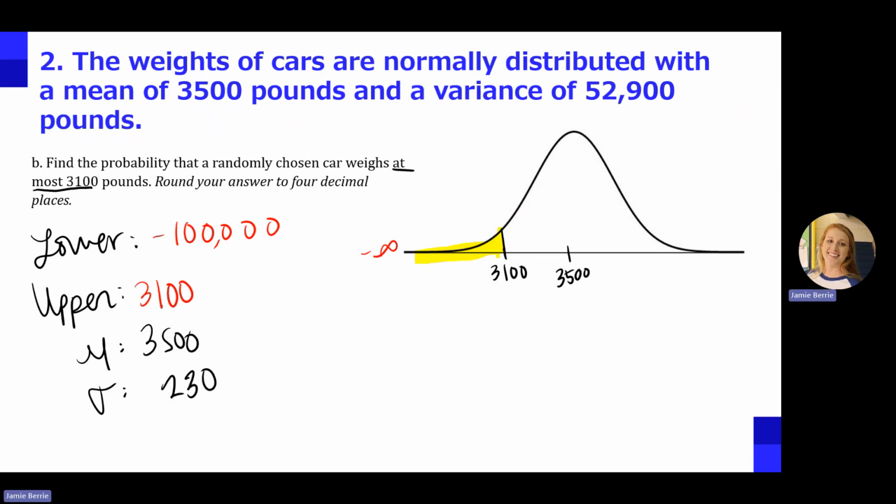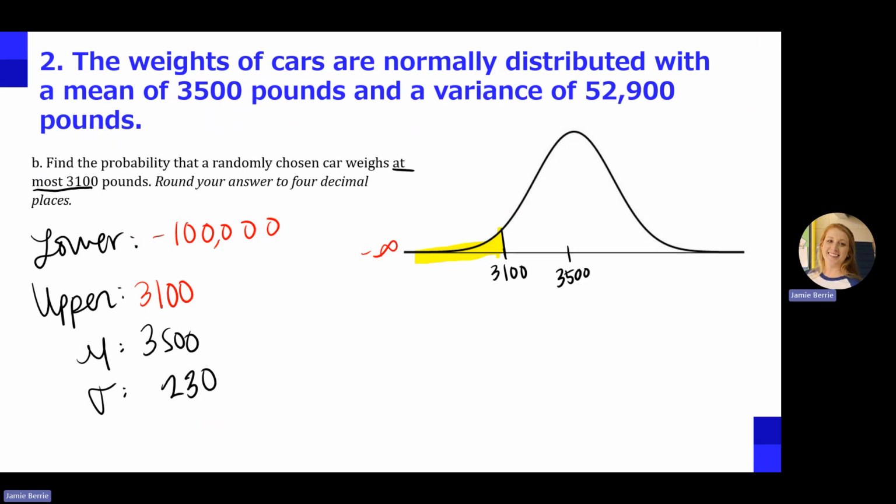Just like the last one, where our upper bound was 100,000, this time we're on the opposite side of the normal curve. We're looking from negative infinity to 3,100, and our lower bound, again, is just a really big negative number.